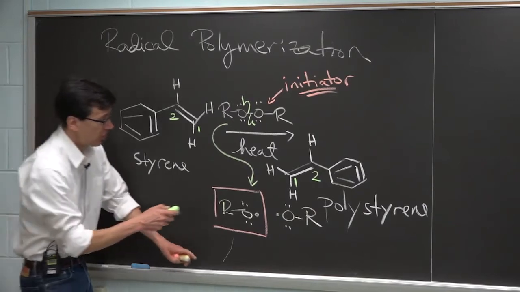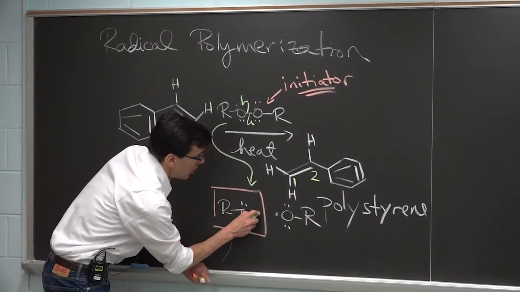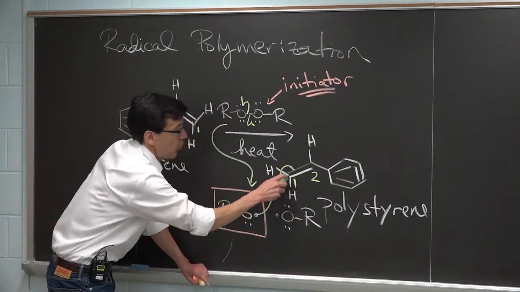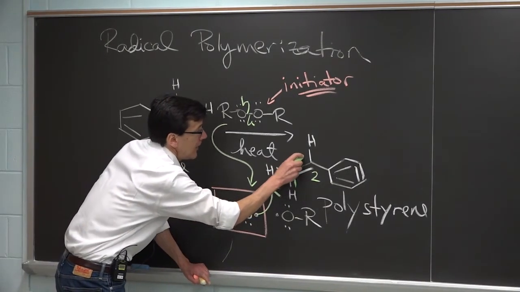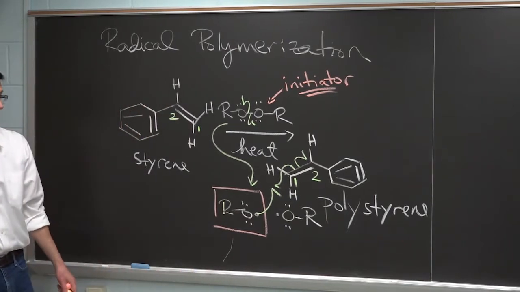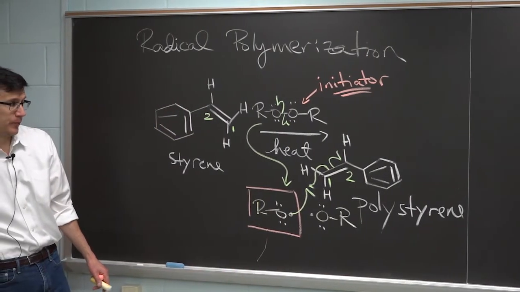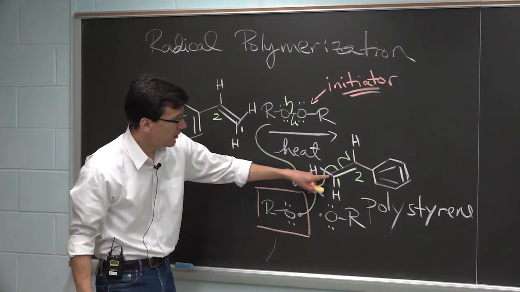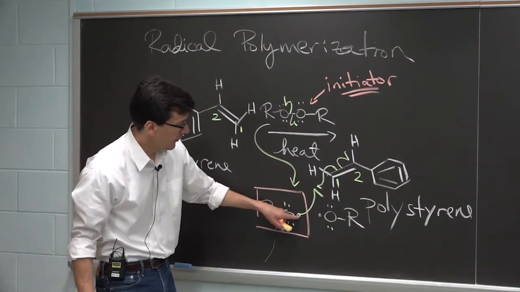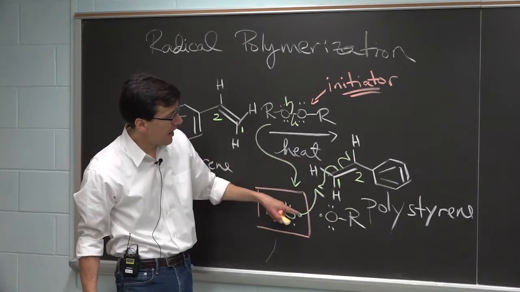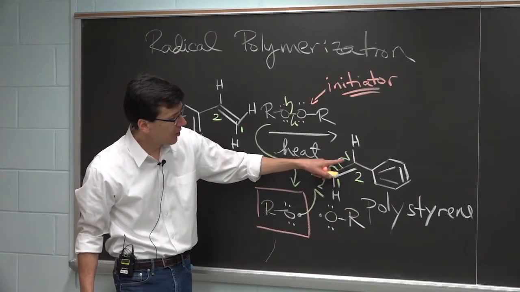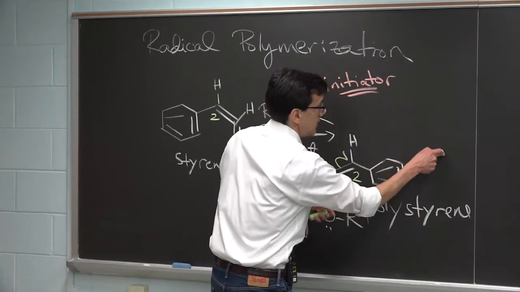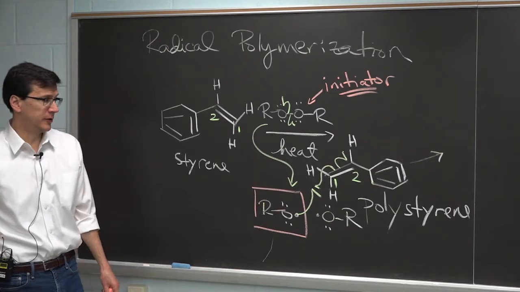And as this picture is oriented to show, the radical is going to add to carbon 1 because I want to end up with the better radical, namely on carbon 2. All right? So the initiating radical, this oxygen, makes a new bond to carbon 1 using this electron plus 1 electron from the pi bond. The second pi electron goes to carbon 2. So if you haven't already, please draw the result of that.